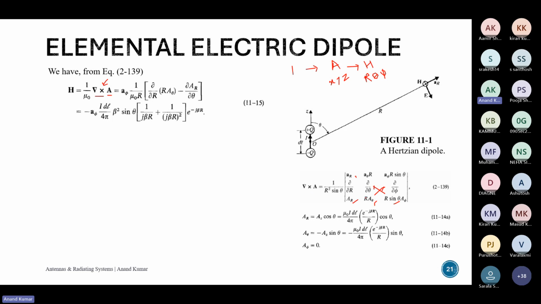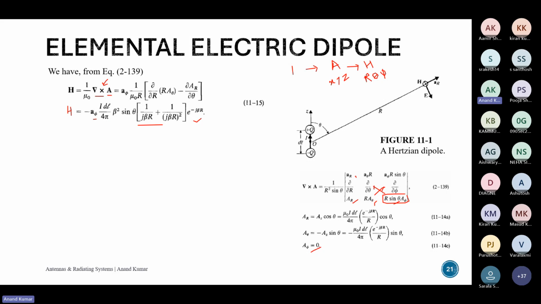Since A phi is 0, this particular term is 0 over here, so you end up with something like this. You do the cross product and get your magnetic field expression as shown over here. The A phi terms, everything would be A phi.